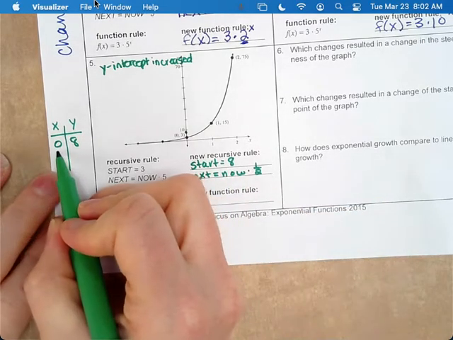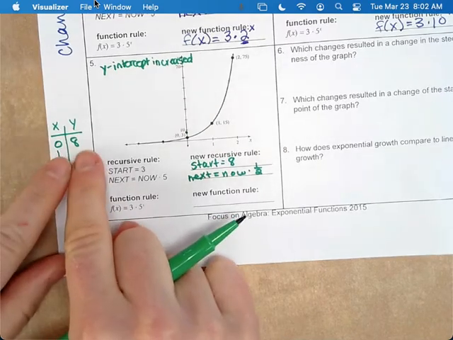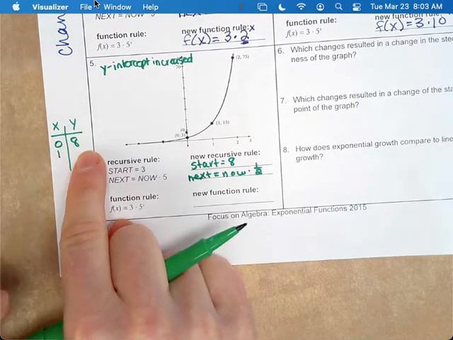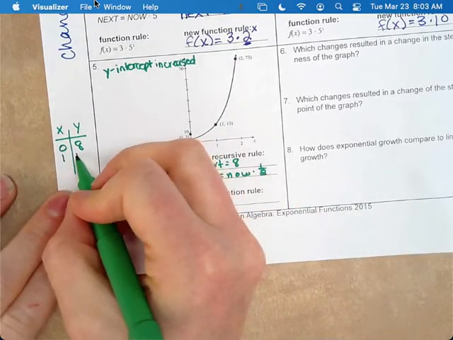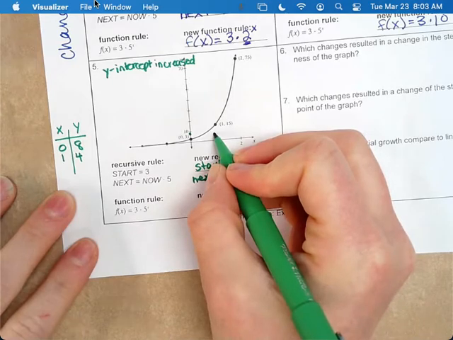So let's go to the first one. The rate is half. So that means I'm going to take 8 and half it, or multiply it times 1/2. So that would be 4. So over 1 up 4.